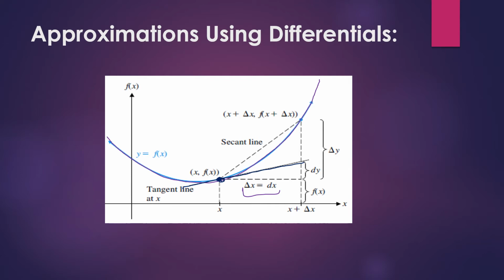So for this example, here's our delta y, here's our dy, and we can tell that delta y is much, much bigger. But as we shrink our delta x, the difference becomes smaller and smaller. You can see here the 2 points are getting closer and closer together. So for small values of delta x, our delta y should be approximately dy, or our derivative.